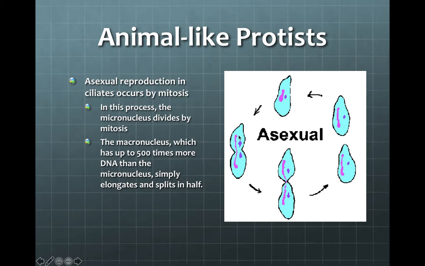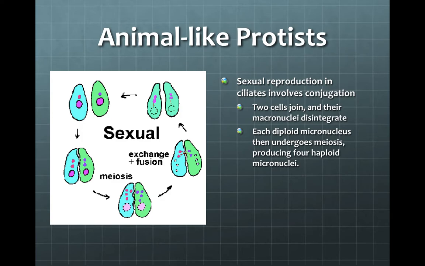So the micronucleus is here. It's going to divide in mitosis. And then this is just going to elongate and split up and divide. Sexual reproduction in ciliates involves conjugation. Two cells join and their macronuclei disintegrate, which means fall apart, basically.